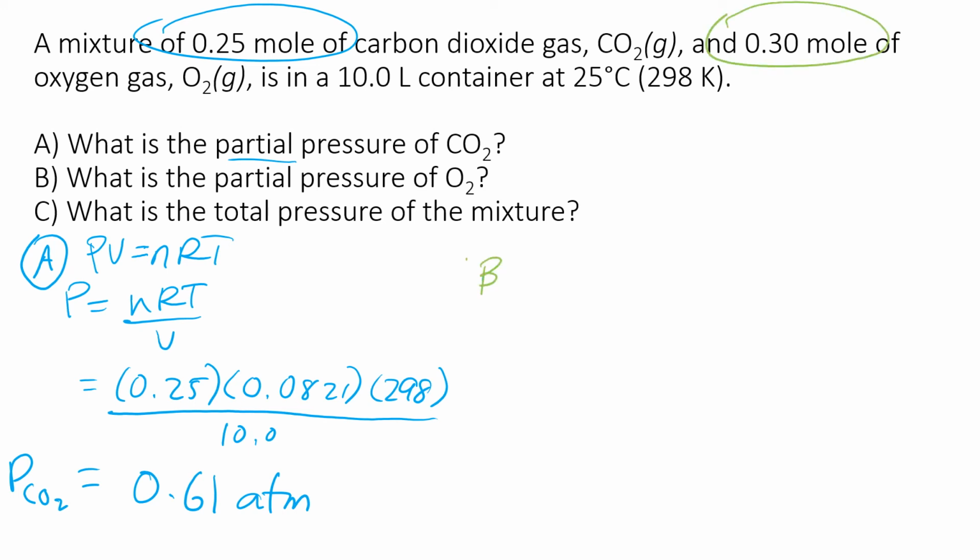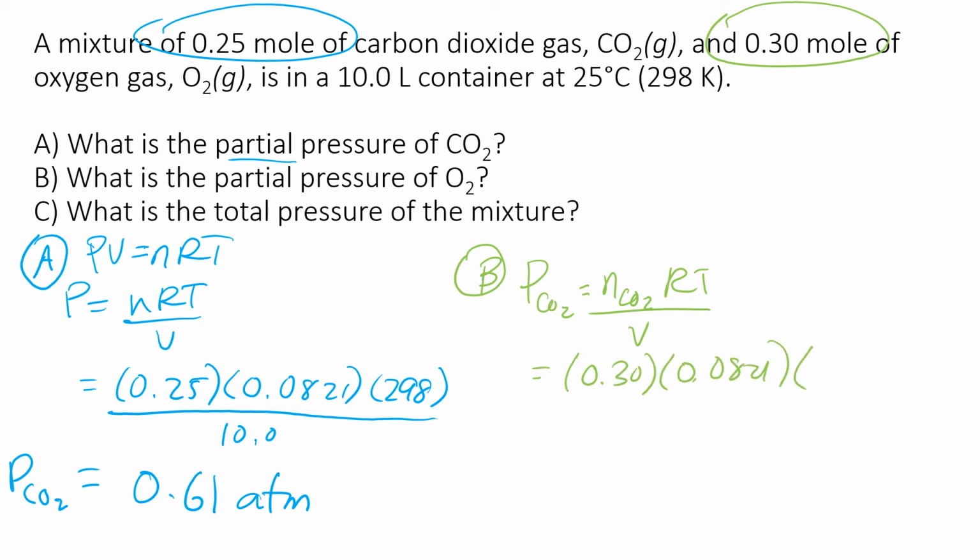Letter B, what is the partial pressure of O2? I changed it to where I specified that it's O2. So nO2 is 0.30, R is 0.0821, times 298.